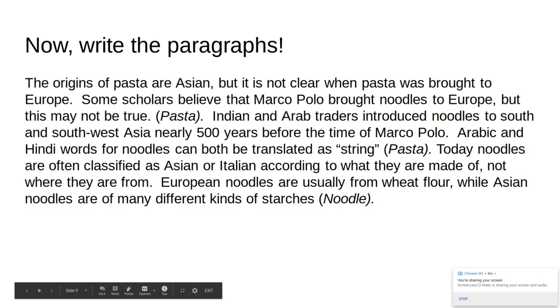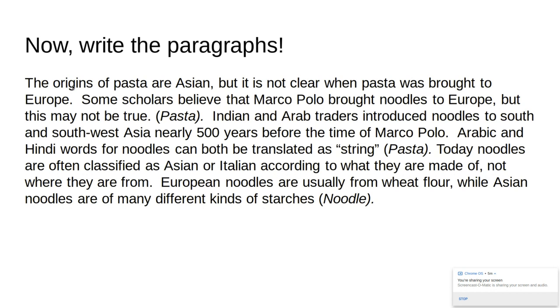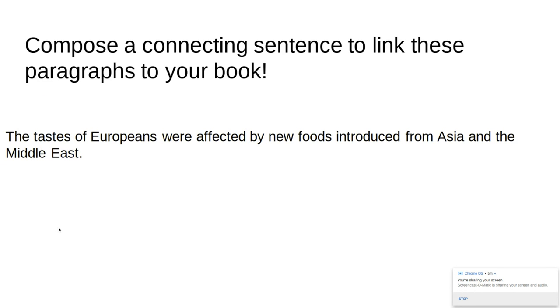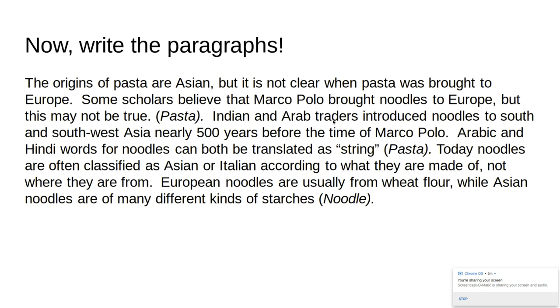Here's my first paragraph. Again, my topic sentence: the origins of pasta are Asian, but it is not clear when pasta was brought to Europe. Some scholars believe that Marco Polo brought noodles to Europe, but this may not be true. This is from Pasta, and I have an extra period there I should take out. Indian and Arab traders introduced noodles to South and Southwest Asia nearly 500 years before the time of Marco Polo.